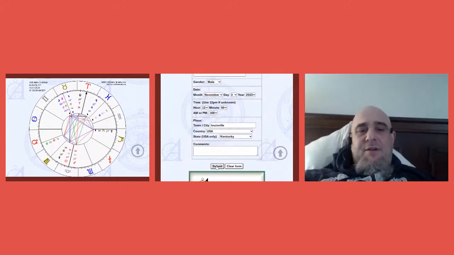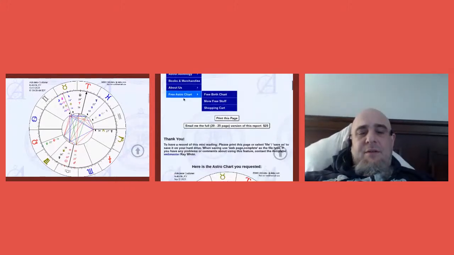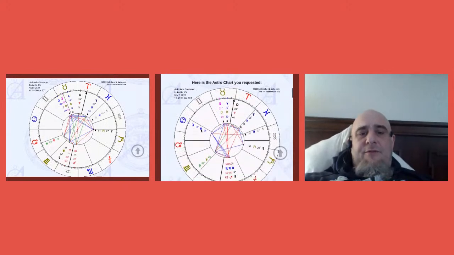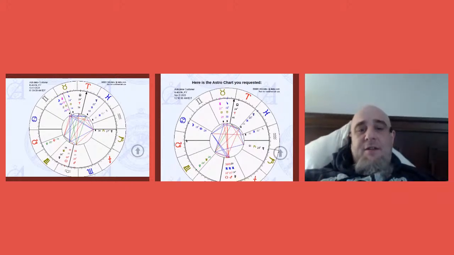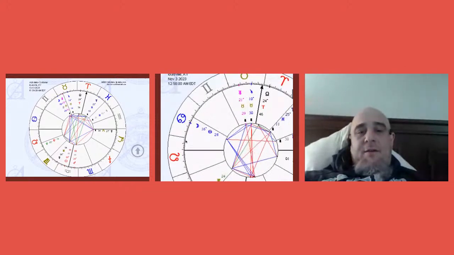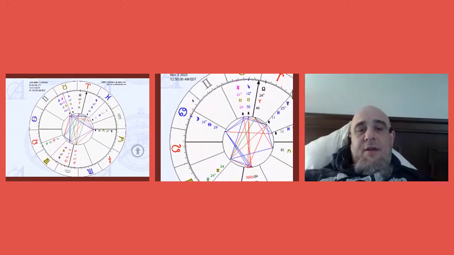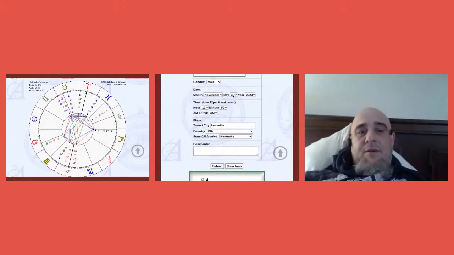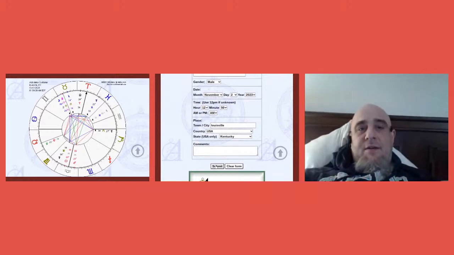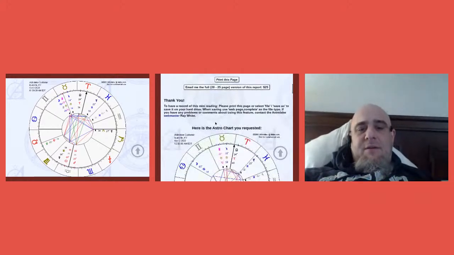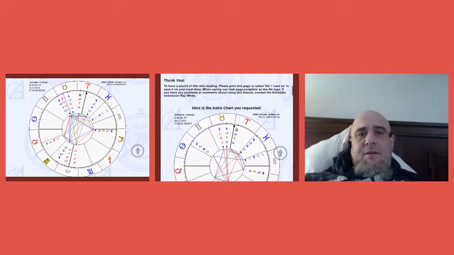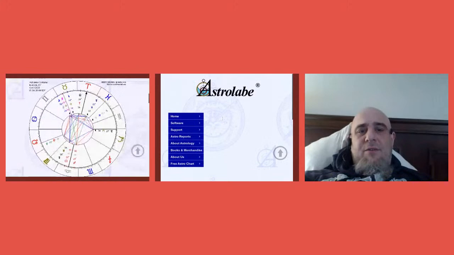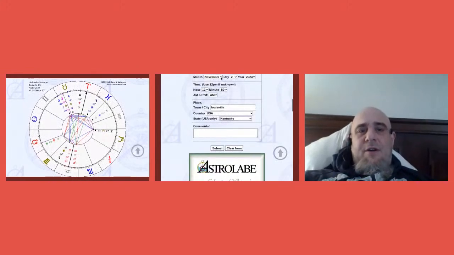Again, I'm looking for 0 degrees, 29th minute, and I'm not paying attention to what the ascendant is. That right there is what I'm looking at. So I'm going to go back, previous day. I need to go to 0 degrees. I'm going to go to October 31st. I'm way off.